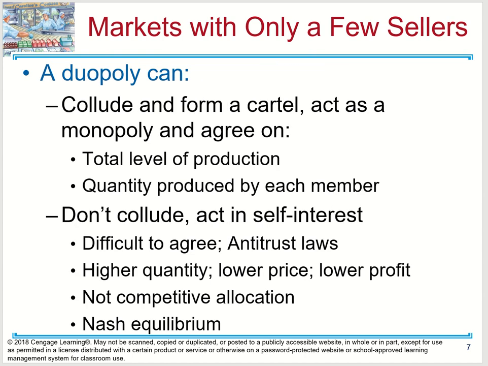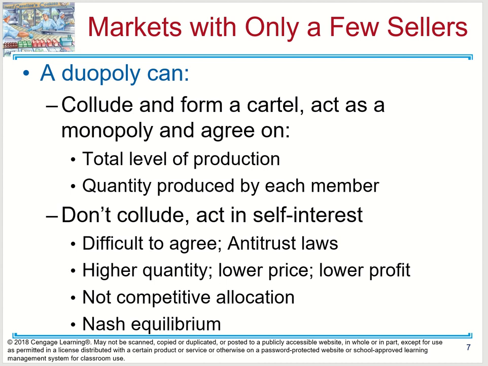Okay, so duopolies have a choice. They can either collude, which means come to an agreement and form a cartel and act as a monopoly, or they can not collude. So forget about the other person. I should do whatever is best for myself.